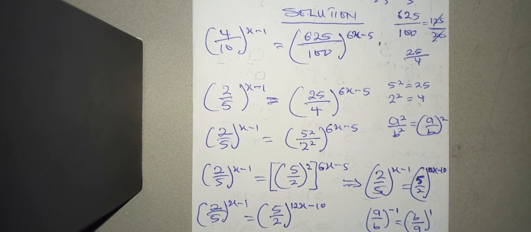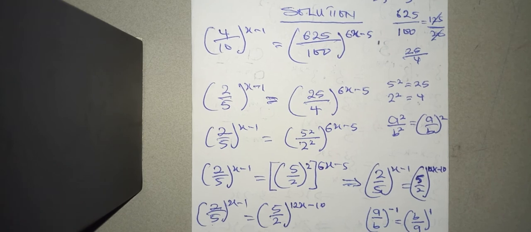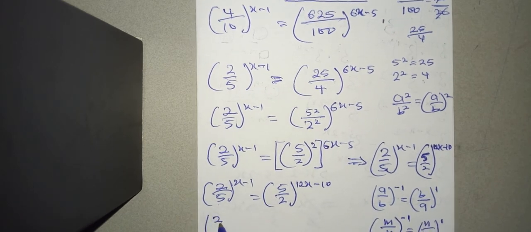Another time, if we have (m/n) to the power -1, it is the same as (n/m) to the power +1. Another time, if we have (u/s) to the power 1, it is the same as (s/u) to the power -1. So we can do the same thing here. So I will say (2/5)^(s-1) equals, then I will interchange the position, 2/5, so that we have -1 here, multiplying the whole of this 12s minus 10.